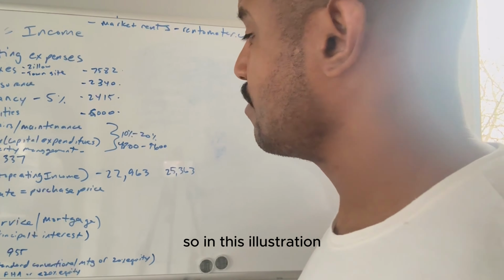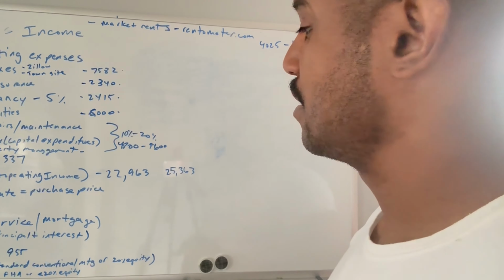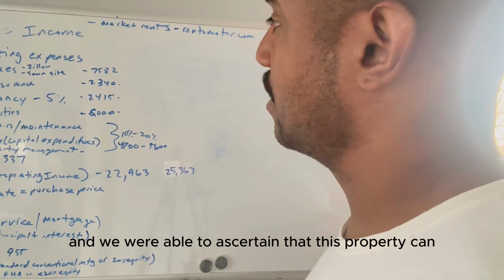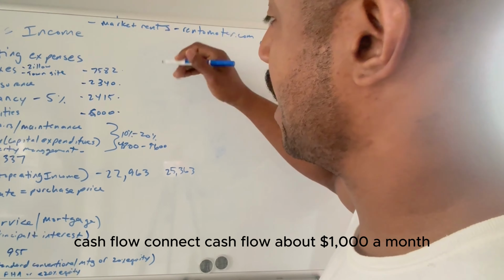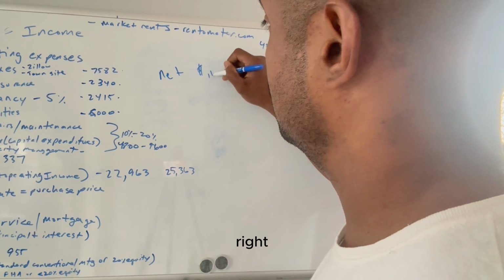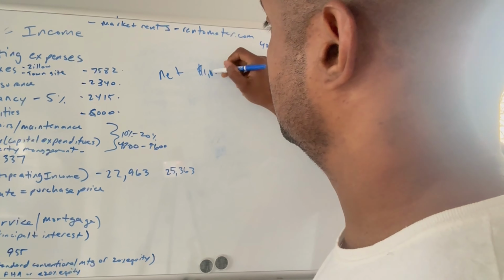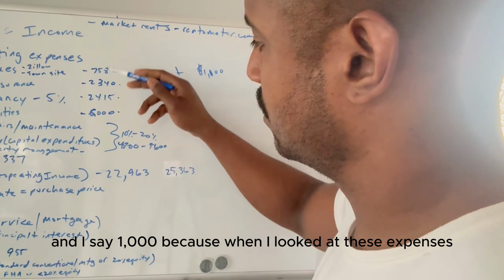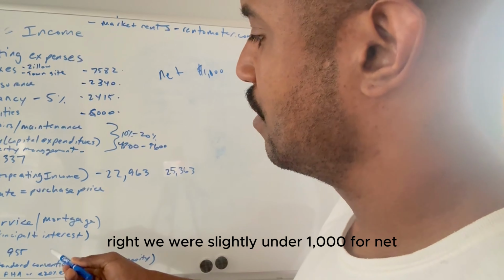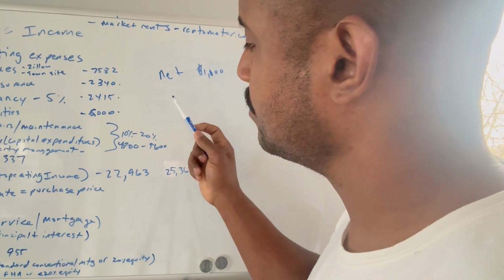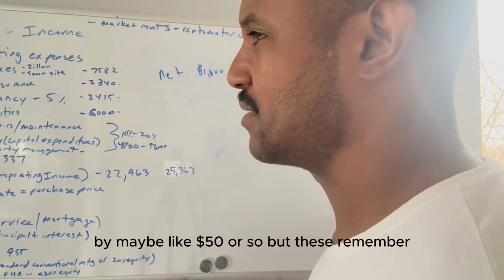So in this illustration, we've gone through all the numbers, and we were able to ascertain that this property can net cash flow about $1,000 a month. I say $1,000 because when I looked at these expenses, we were slightly under $1,000 for net, by maybe $50 or so.